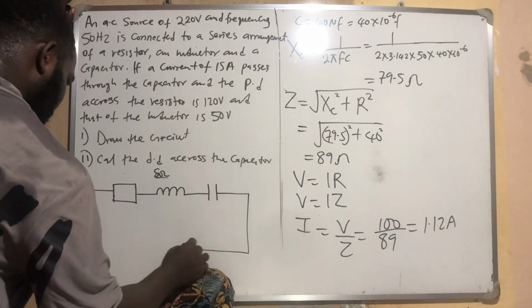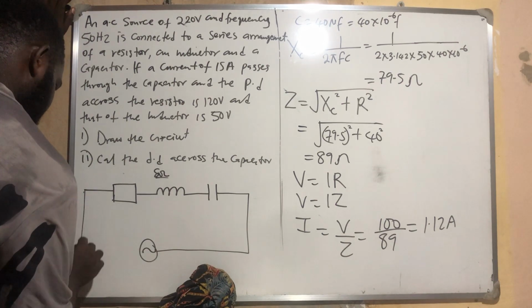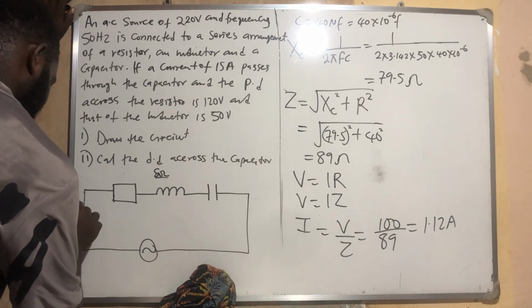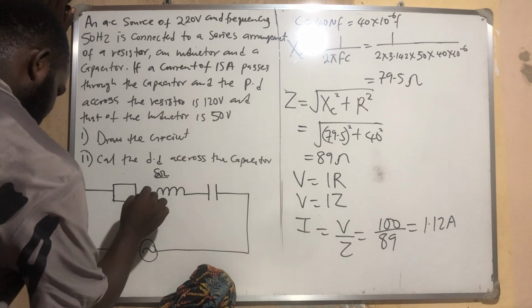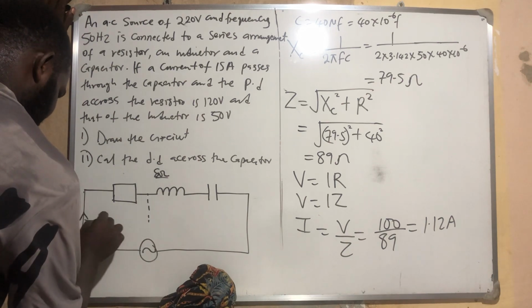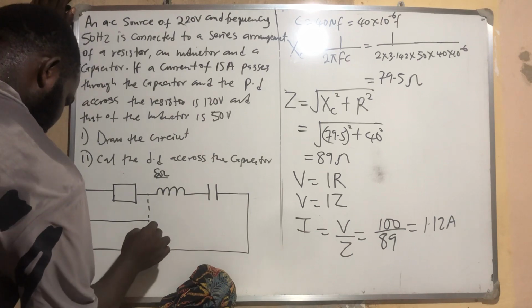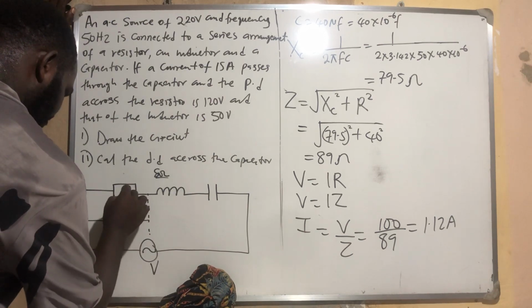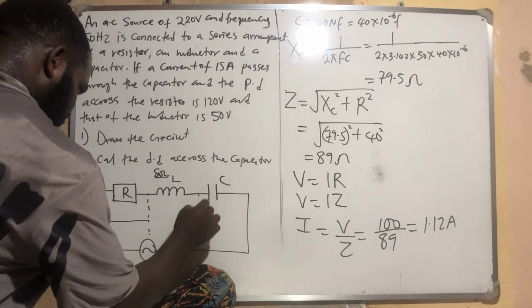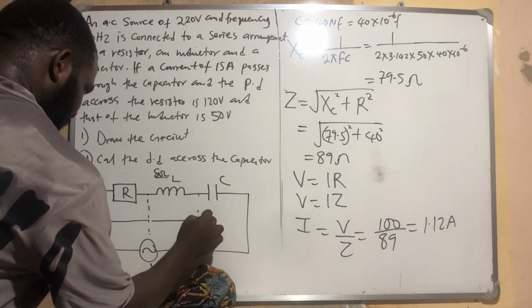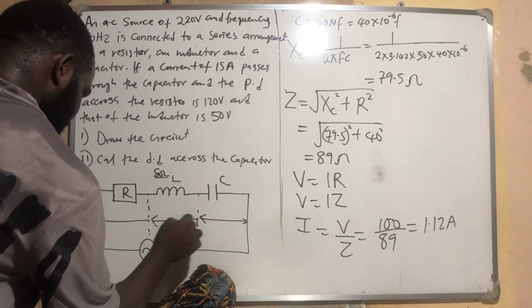They are all connected to a voltage, having current passing through them. This is my V, this is my R, my L, and my C.